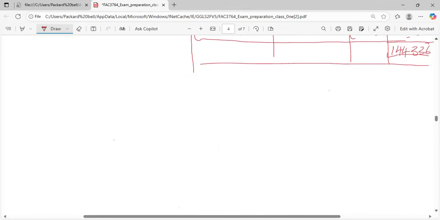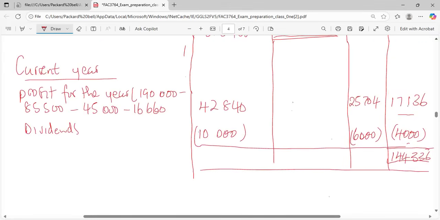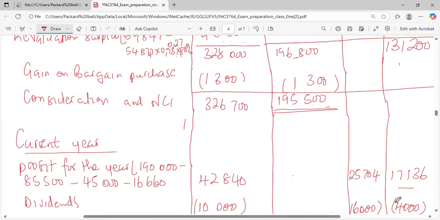The profit for the year that goes to NCI is 17,136. So you go in and fill in there.